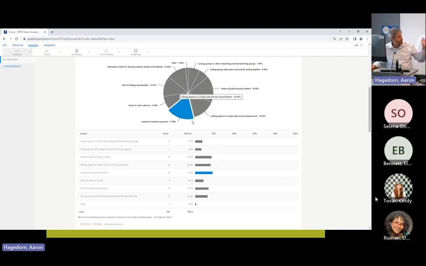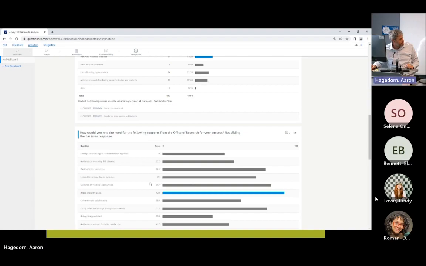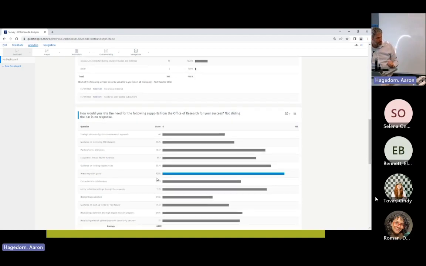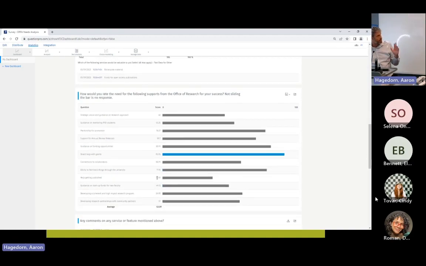So I can show my boss, look, this tells us right away what services are the most important based on this pie chart or this bar chart, right? And on that slider scale, this is showing the average. So 23 people, it's giving me one number that makes sense across all 23 people. So a lot of data come out like this, and it's easy to report, easy to reference.